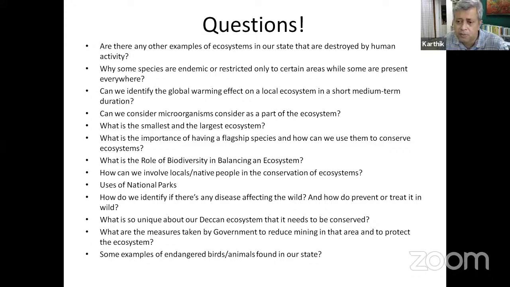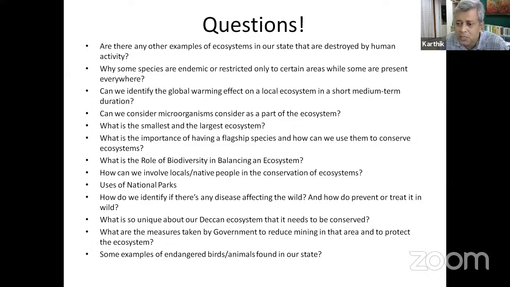What is the importance of having a flagship species? How can we use them to conserve ecosystems? See, flagship species are like our heroes, heroes who promote different things. So you have Chiranjeevi, he's a flagship person, a hero. So when he says something, everybody listens.